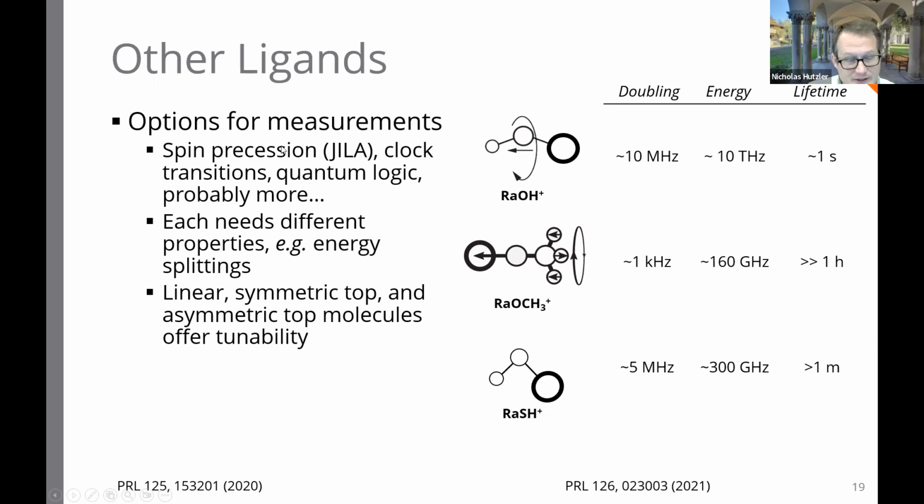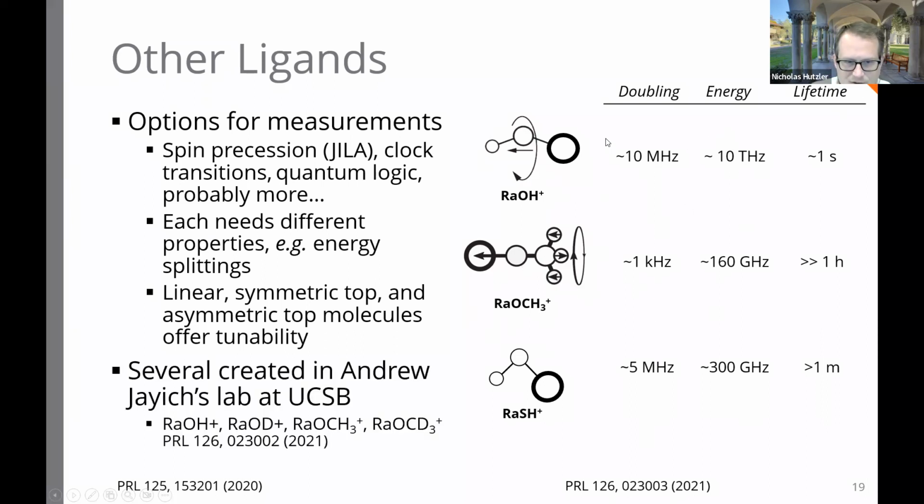If you want to do a JILA style spin precession experiment, like their EDM experiment, or use some proposed methods, like clock measurements or quantum logic measurements, you might want different parity doublings or different excited state energies, etc. So you can look at linear or symmetric top or asymmetric top molecules and tune these parameters around by quite a bit, and hopefully match to the experiment that you want.